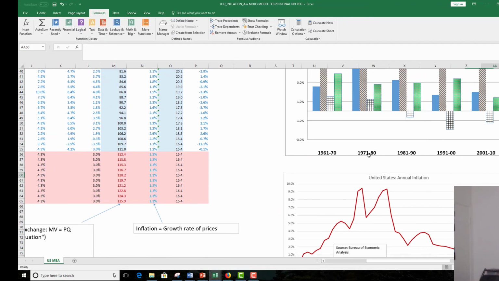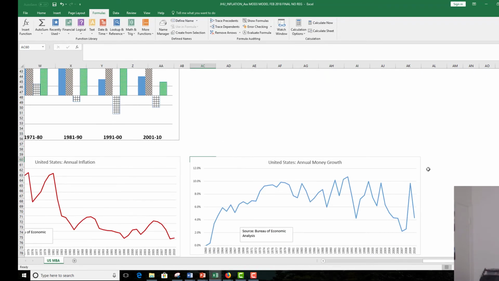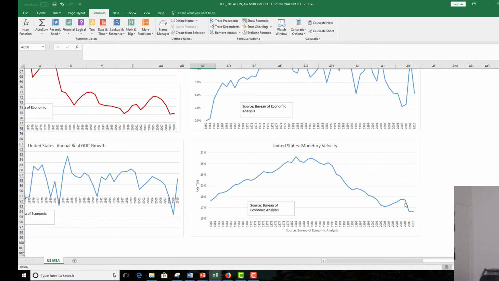And I want to mention something else here. When we look at velocity, if we focus on this last period, it turns out that inflation was rising during this period. Oil prices were rising. This was the run up to what they call the Great Financial Crisis. But when things got really scary, that's when cash became king.